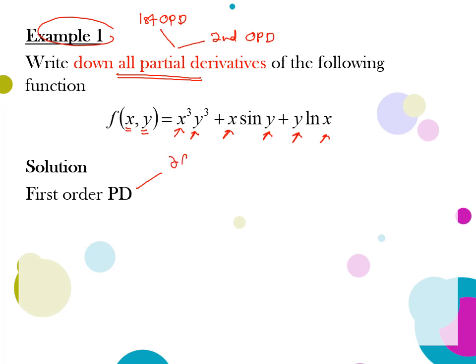The first one is del f del x, and the second one is del f del y, because we just have two variables. So we differentiate with respect to the first variable, followed by differentiating the function with the second variable.